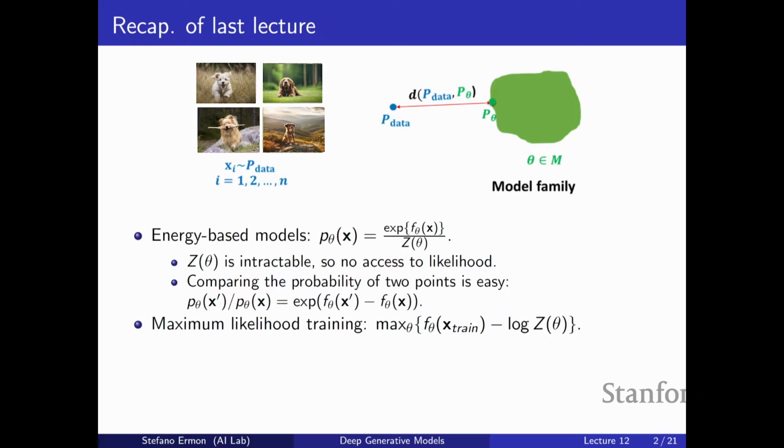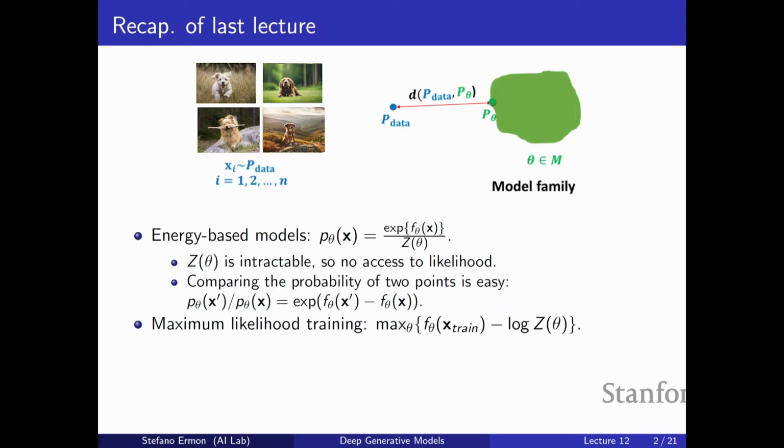And so if you wanted to train the model by maximum likelihood, you would need to somehow be able to evaluate for every data point this expression or the log of this expression, which would be something like this. And the problem is that you have two terms that depend on theta. So whenever you want to figure out how to pick theta to maximize the probability of a training data point, you need to figure out how to adjust the parameters of your neural network to increase the numerator, the unnormalized probability of this training data point, which is always easy.